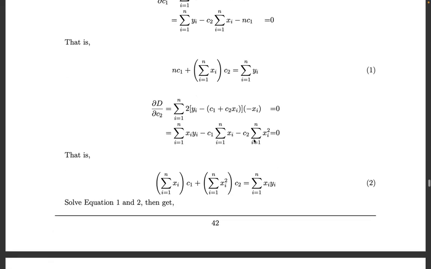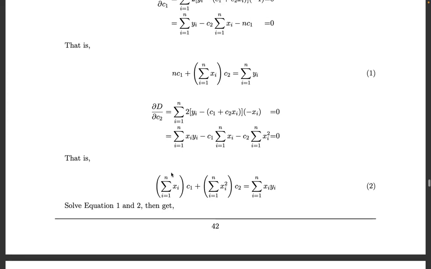Moving these two terms to the right side, again these three sums are constants, coming from the original data.